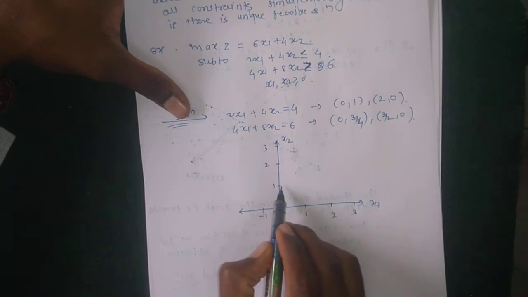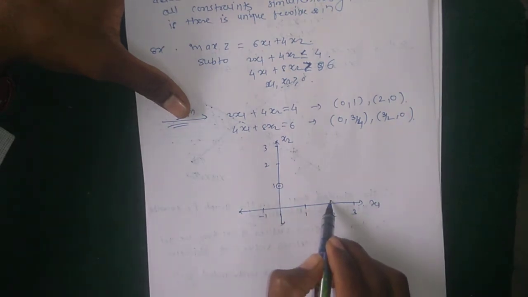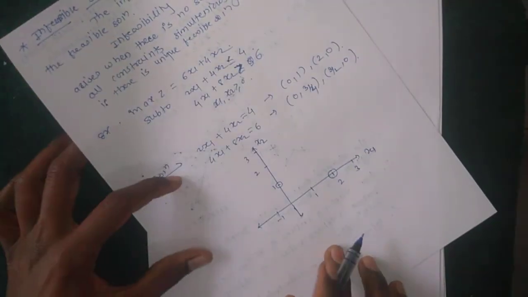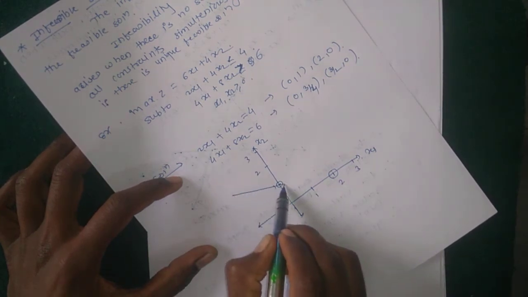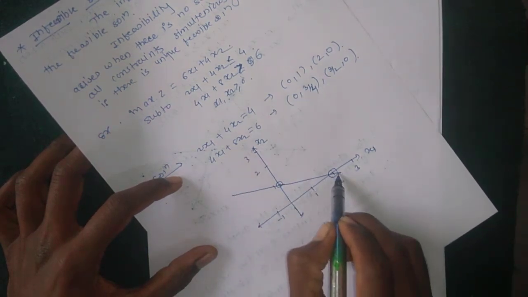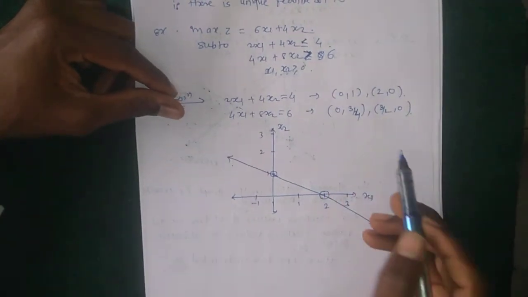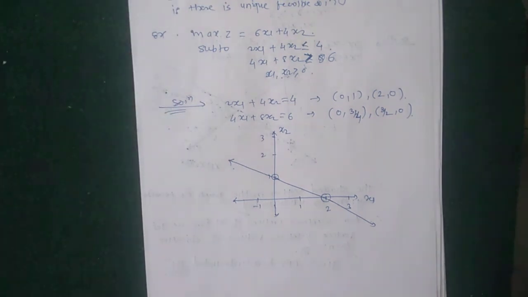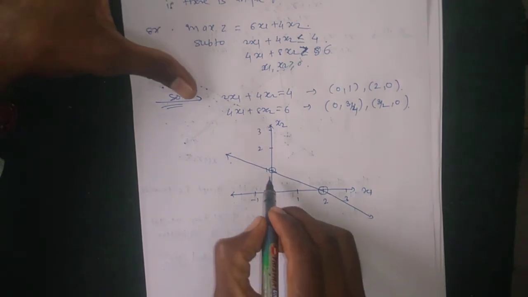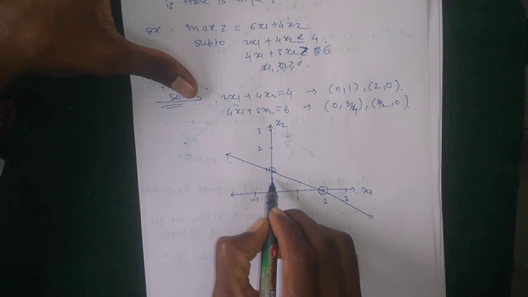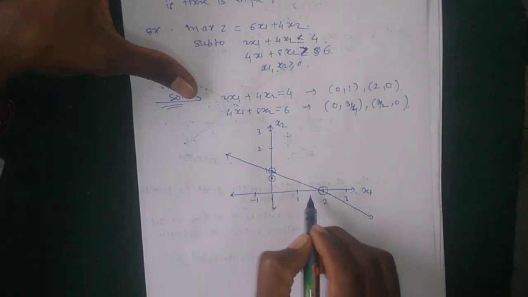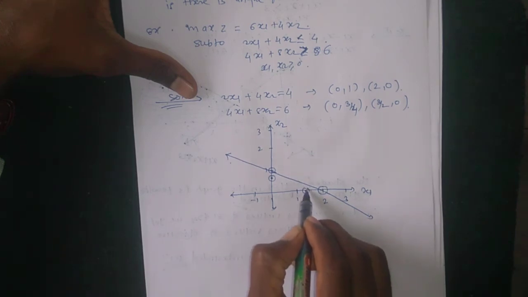So the points 0, 1 and 2, 0 give this one line. The second line passes through 0, 3 by 4, which means 0.75, and 3 by 2, which means 1.5 here.